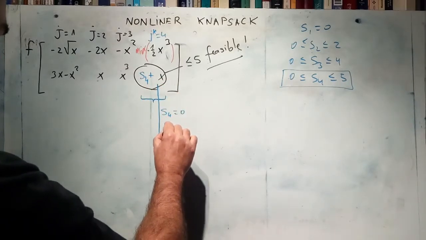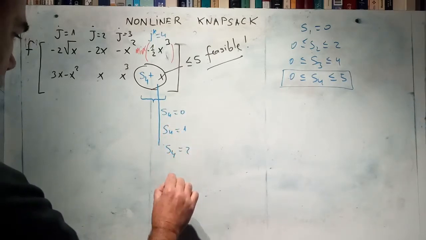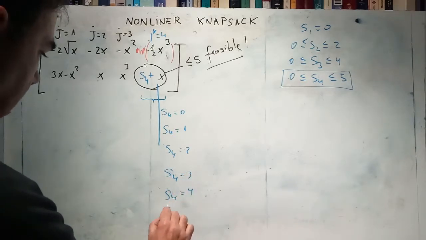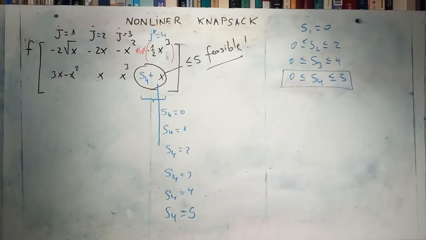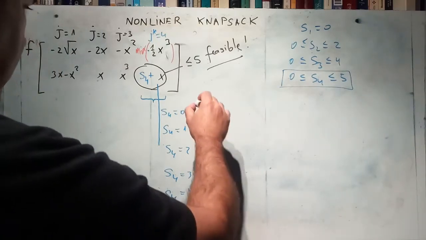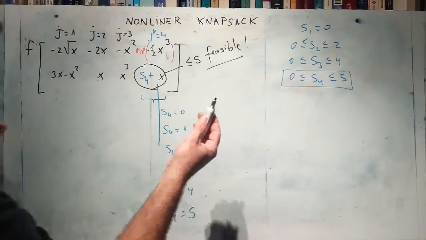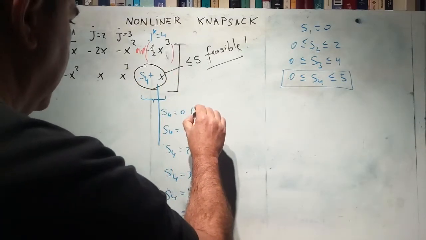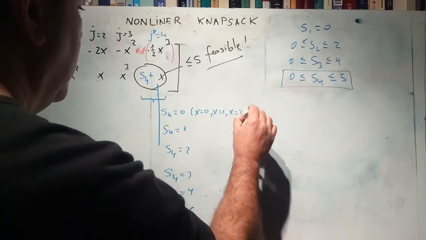S4 being 0, S4 being 1, S4 being 2, S4 being 3, S4 being 4, and S4 being 5, right? And also X is taking all of these possible values. The range in which X varies, if you remember, was X being 0, 1, and 2.